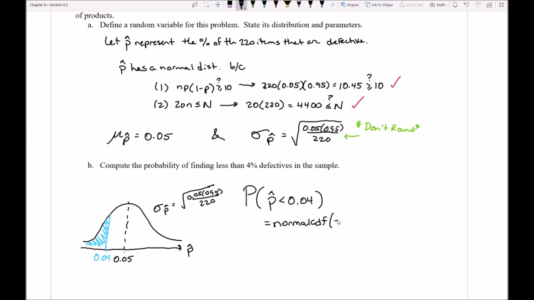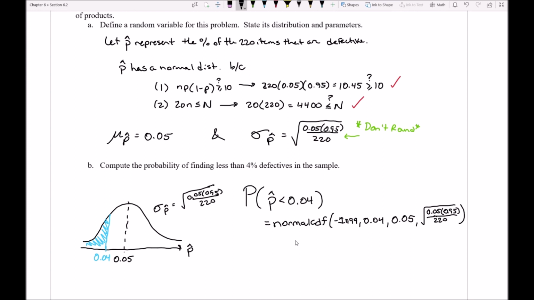So it's a normal CDF that goes from -1E99 all the way up to 0.04, and then I use my mean, and I type in this entire messy standard deviation, the whole thing, over 220.